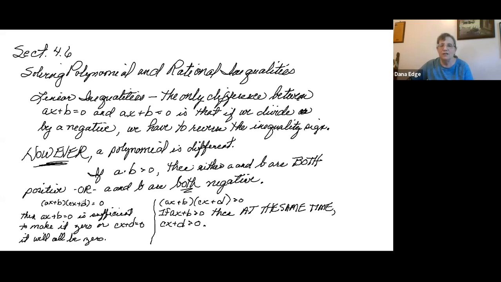In order for it to equal 0, only one of them has to be 0. In order for the product to be positive, either they have to both be positive right then, or they have to both be negative right then. So this is a completely different situation, and we cannot do it the way we do just a linear.